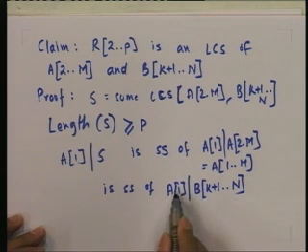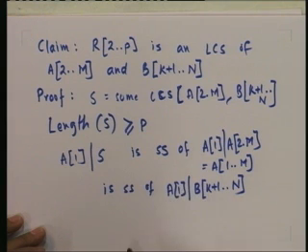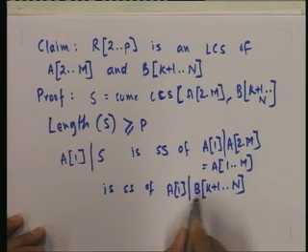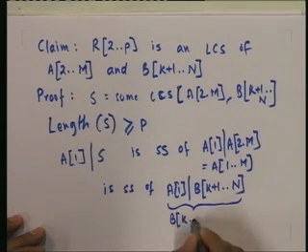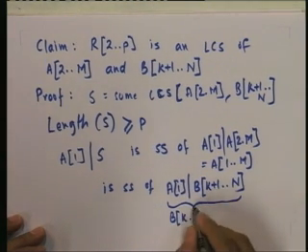Well, A1 is also Bk, and therefore this is Bk followed by Bk plus 1 to N, and therefore this whole thing is in fact Bk to N.